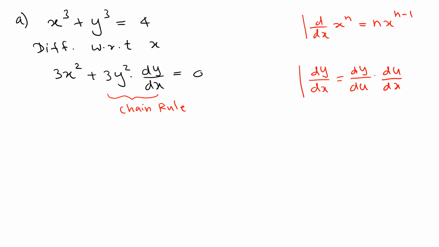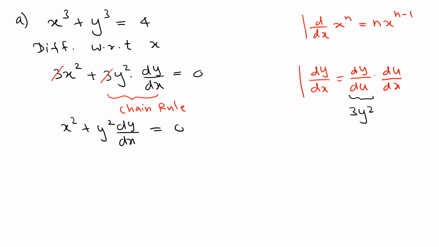Here the inside function is y, so this part produces 3y squared. Now we can cancel 3 because that's common, so we divide both sides by 3. You get x squared plus y squared times dy over dx equals 0.